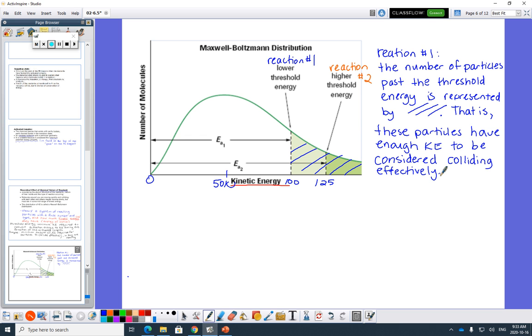So these particles here, represented by this area, are never colliding effectively. They would just bump into each other, move away, and still be the same.